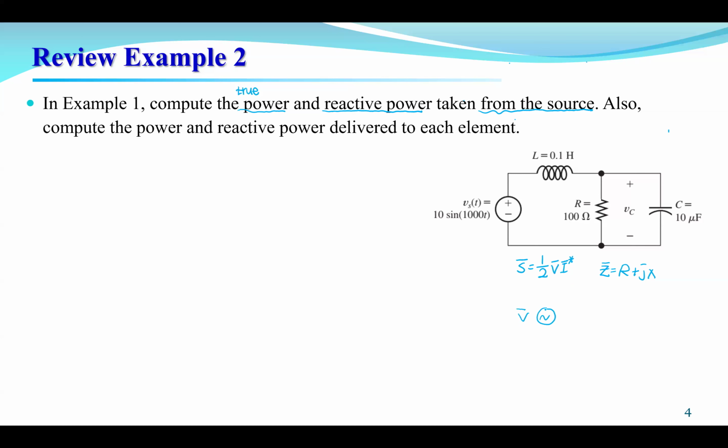So this is V, this is R plus JX, and this is I. Then the complex power can be written as I RMS square times Z, which is I RMS square R plus J I RMS square X, or we can say it is 1 over 2 Im square R, the amplitude of current square R, plus J 1 over 2 Im square X.